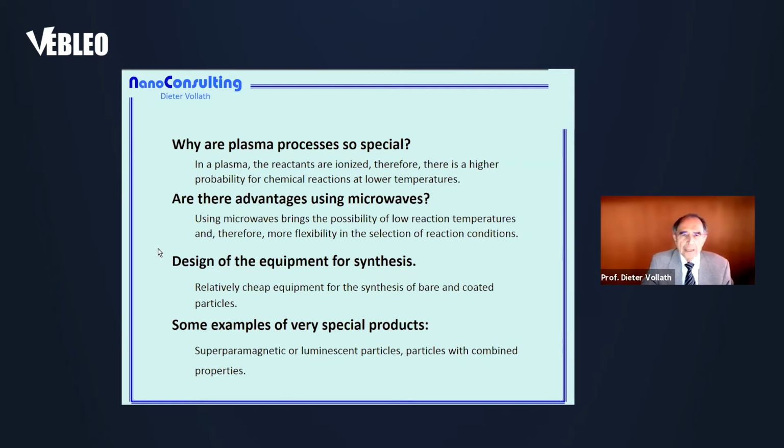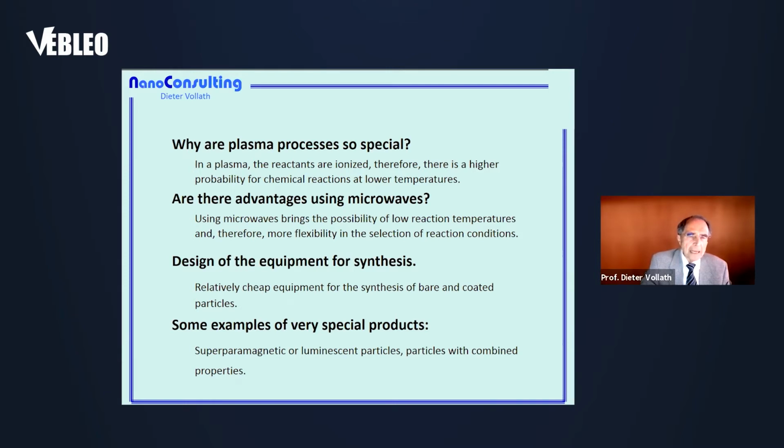Are there special advantages in using microwaves? Yes, especially using microwaves, we can work under reduced gas pressure. This gives us the possibility of low reaction temperatures and therefore more flexibility in the selection of reaction conditions.